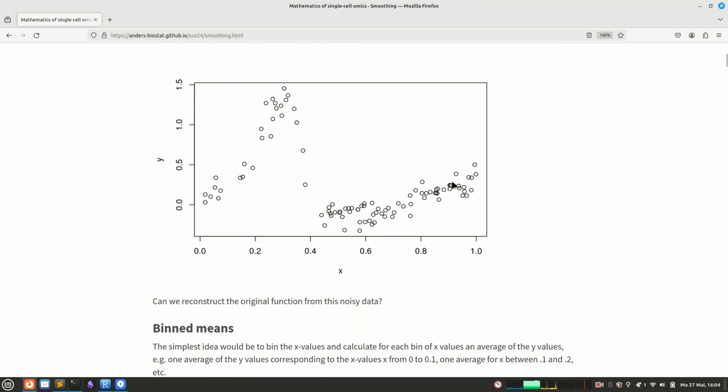make our smooth curve by finding the Y value of a smooth curve for a given X value X naught as follows. We sit on this X naught, and then we take the average over the Y values of neighboring points, and we make this a weighted average where each neighboring point is weighted according to the distance.